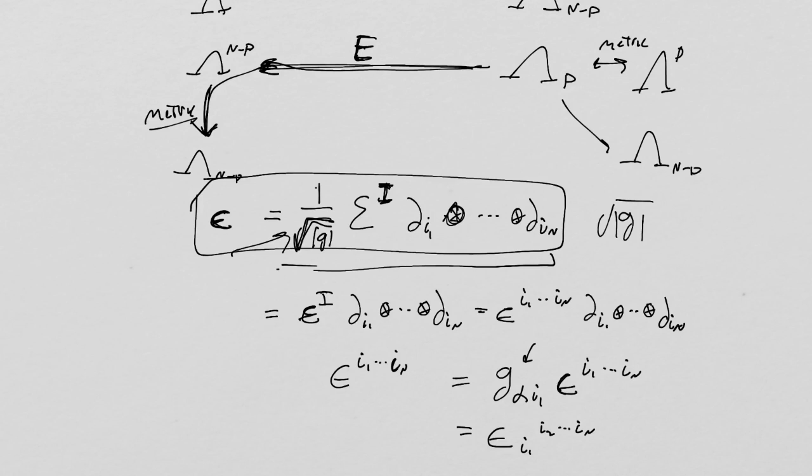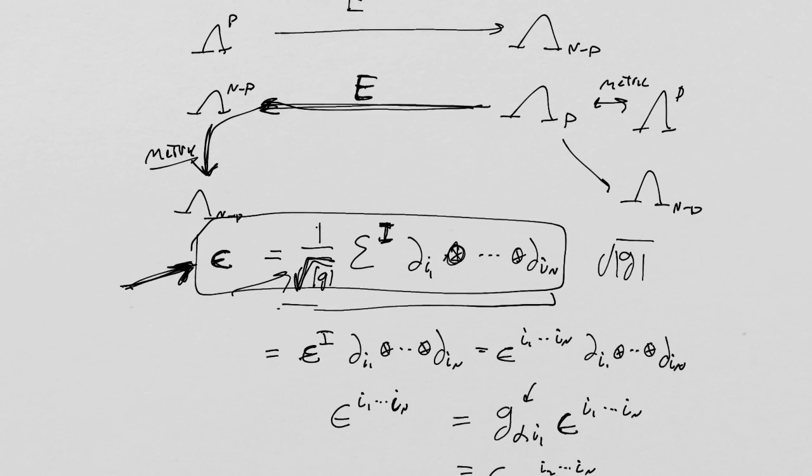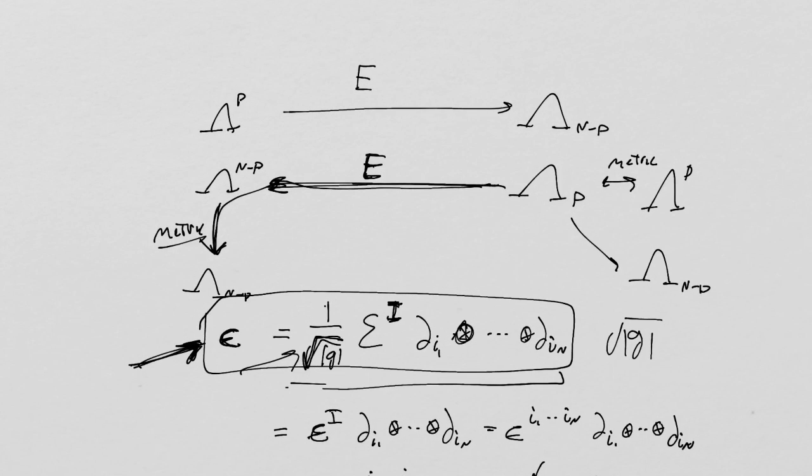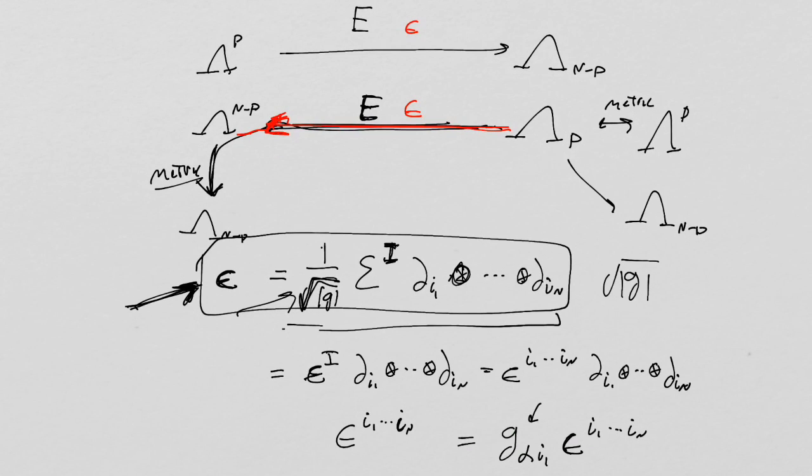So now notice the way this is structured. If I choose this thing to be my volume form, I can create this process that I've been talking about, using epsilon instead of E. And once I am using that epsilon, I'm not stuck with only this var epsilon with these upper indices.